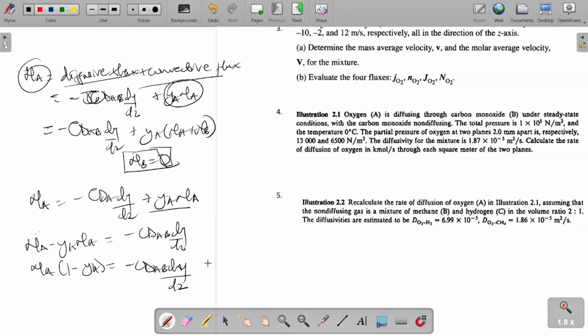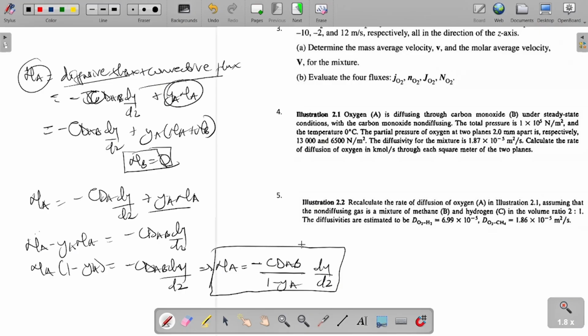So that means my N_A will be equal to minus C D_AB over 1 minus y_A, dy/dz, right? So this is what I have.